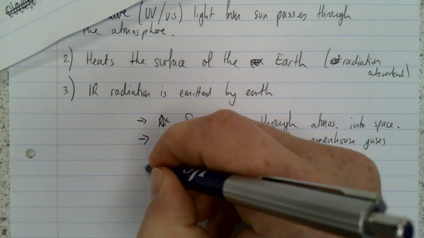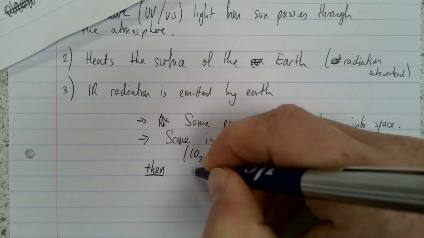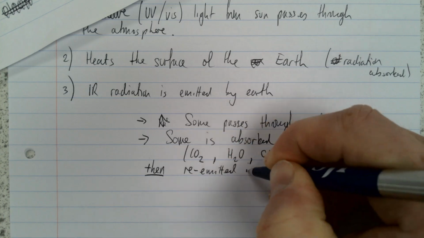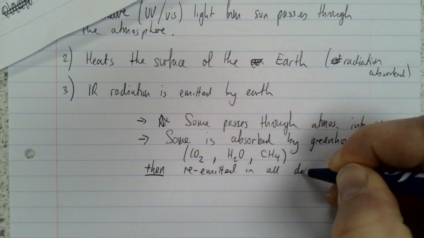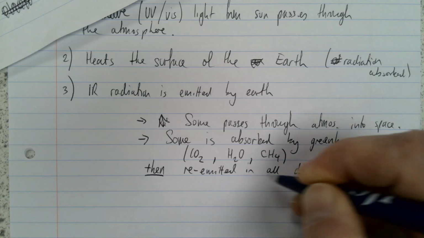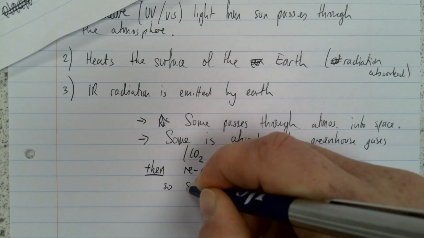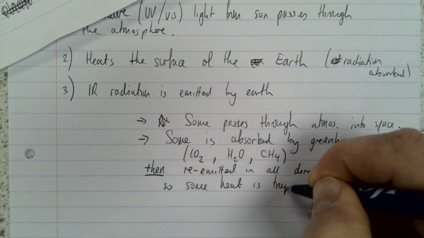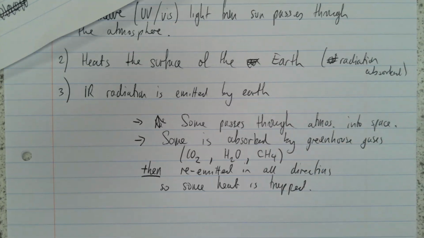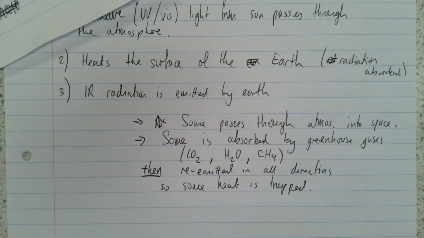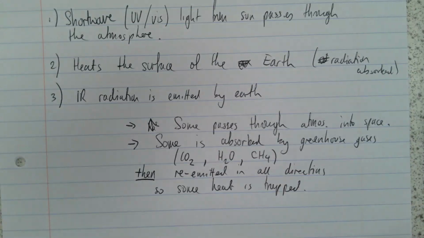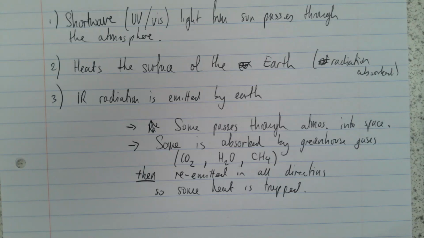Then, this is where it's important, then emitted in all directions. So some heat is trapped. That feels to me like a 4-mark question that should be a banker for everybody, I would say. If you can learn that, if you can turn that into a flashcard and learn it.